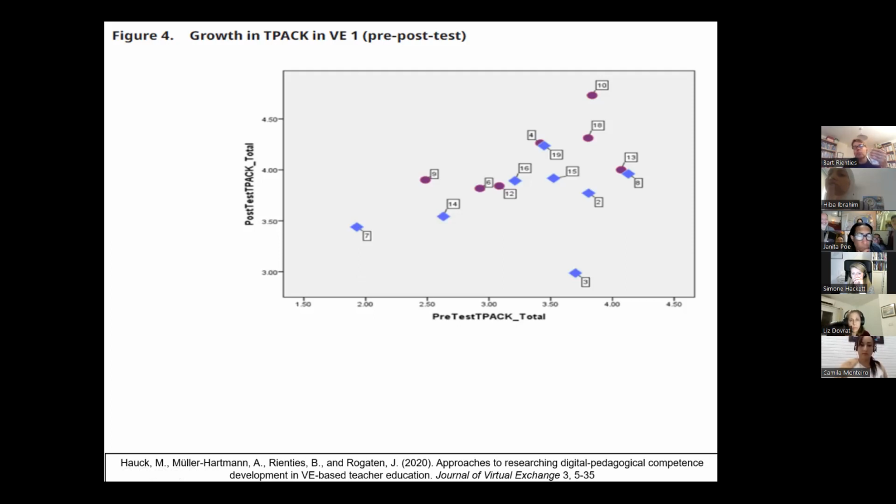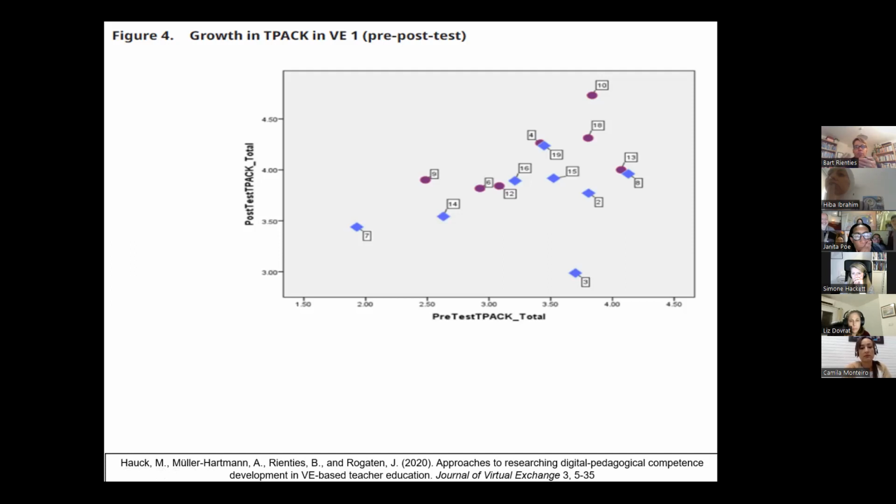But in comparison to all the other students, this student is still relatively far below the rest of the group. So it would be really interesting to know, okay, why is this the case? Or for example, I'm just picking on student 3. Student 3 was very comfortable at the beginning, but then towards the end of the course, the student was actually less confident in terms of his or her technology skills.